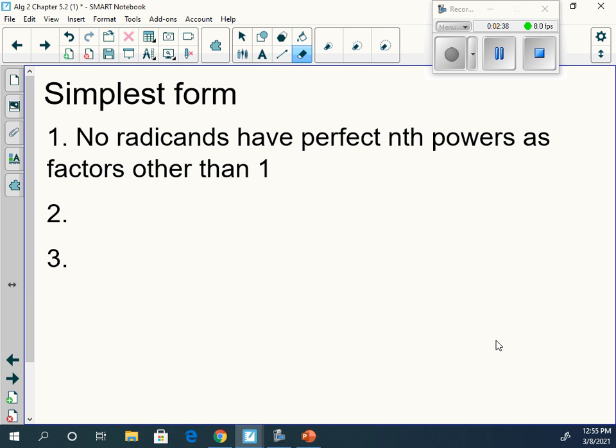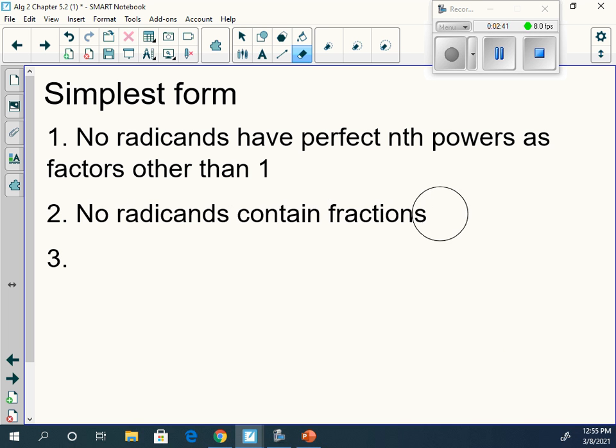Now the next one. No radicands can contain fractions. So we can't have something like this here.